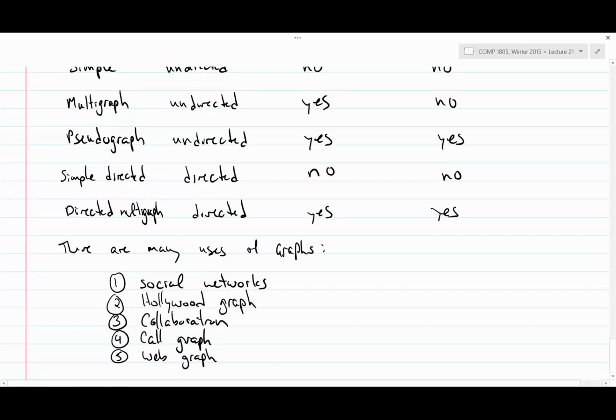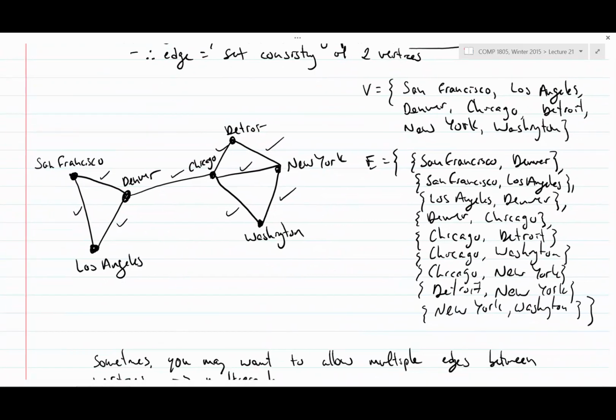If I wanted to know, is Denver connected to Chicago, the computer doesn't have the nice diagram on the left. What the computer has is this, or some representation of that. So you have to go through here one by one until you get here, and then you say, oh, it is, great. That's not a very fast operation. In terms of analyzing the algorithm, it takes about linear time to figure out that those two things are connected.